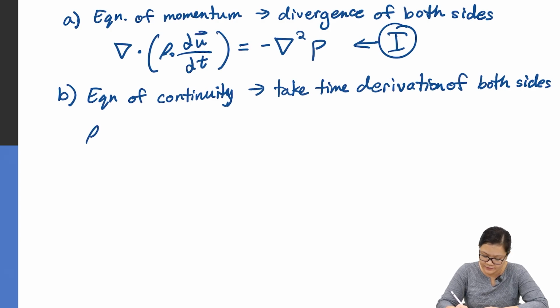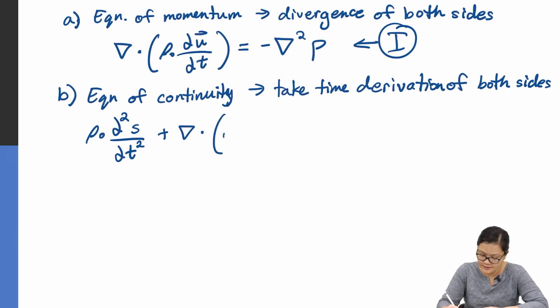We'll have rho naught times the second partial derivative of the condensation over dt squared plus rho naught times the time derivative of the divergence of the particle velocity. Now, note that the density here is not dependent on time, so we don't do partial derivatives of this rho naught.